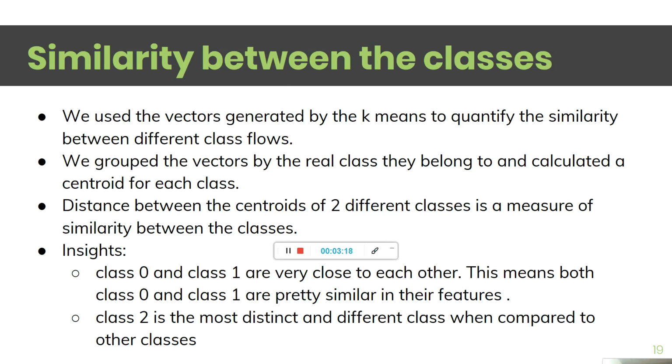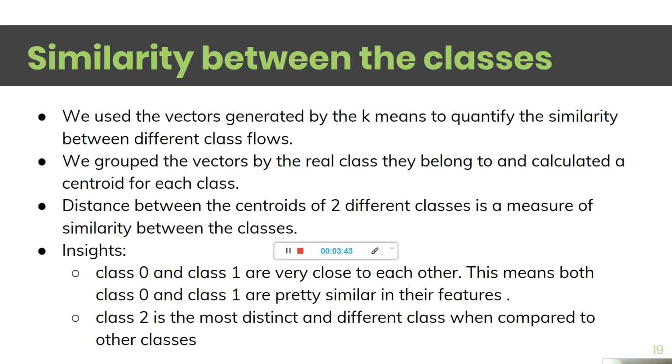They're probably hard to separate, and it will be difficult for machine learning models to classify them correctly, because you can get a lot of false positives from one class to the other, given how close those two classes are to each other in terms of the nature of their flows.